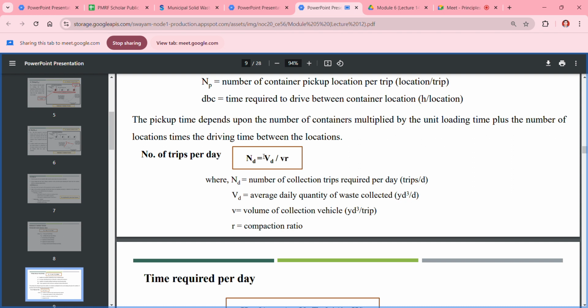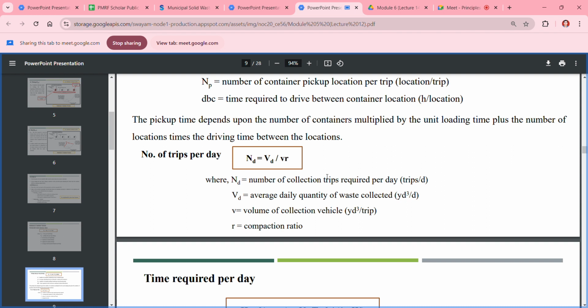We had already talked in the second week lectures that we can compact the waste with the help of compaction trucks, up to 60 to 70% volume according to the compaction ratio. So if your truck has a capacity of around 6 meter cube and you have a compaction ratio of around 50%, you can double the number of collection points.